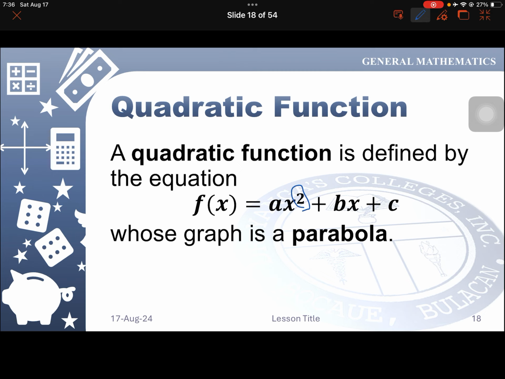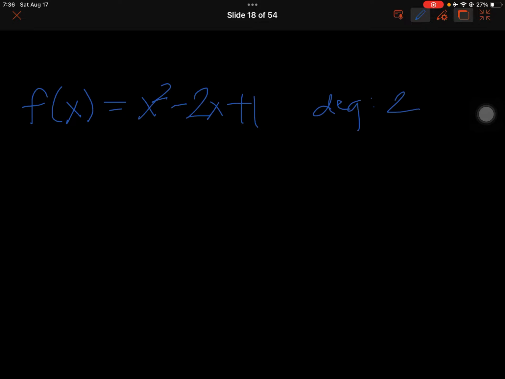If the function has the degree 2, then automatically it is called a quadratic function. Okay? So the graph for this is a parabola. Let me give you an example. Example is f of x is equal to x squared minus 2x plus 1. Okay? It has a degree 2.